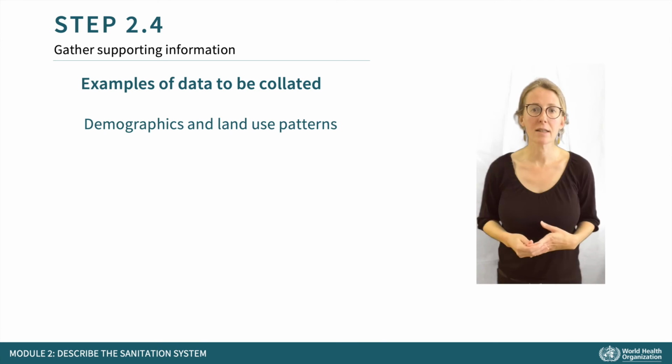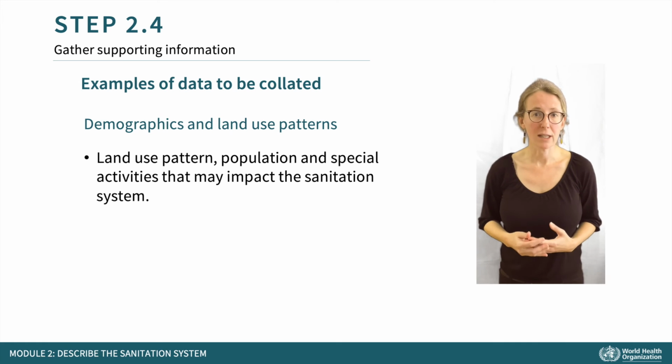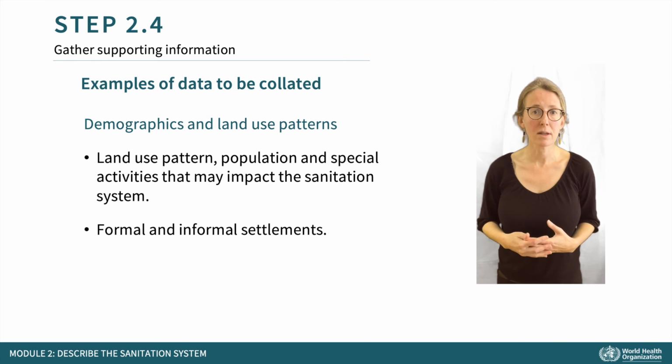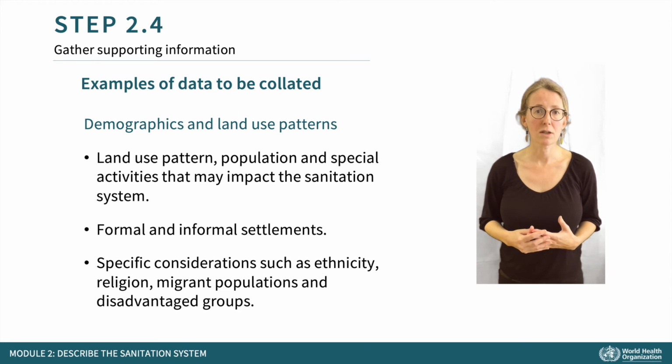Don't forget to collect information about demographics and land use patterns, such as land use pattern, population and special activities that may impact the sanitation system, formal and informal settlements, specific considerations such as ethnicity, religion, migrant populations, and disadvantaged groups.